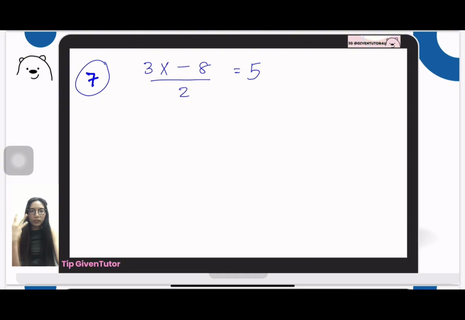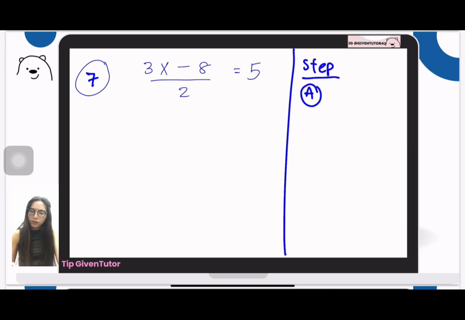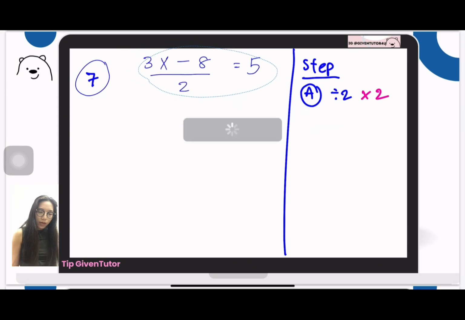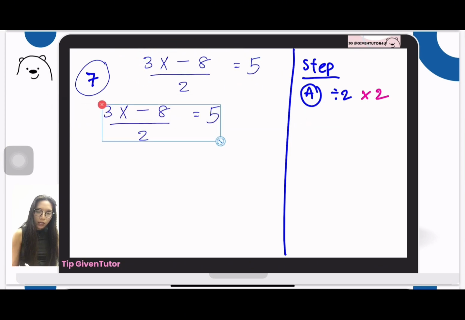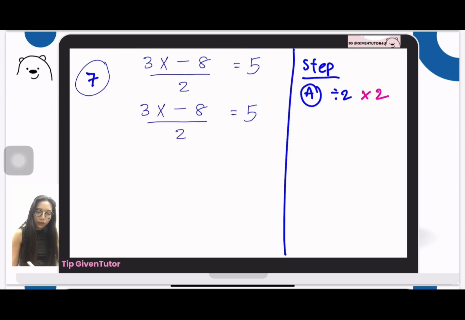What we have is three steps, right? Step A: you have the division by 2, right? So you will multiply by 2. I will copy and place. Then we multiply by 2 together. 5 times 2, you get 10 here, and inside is 3x minus 8.